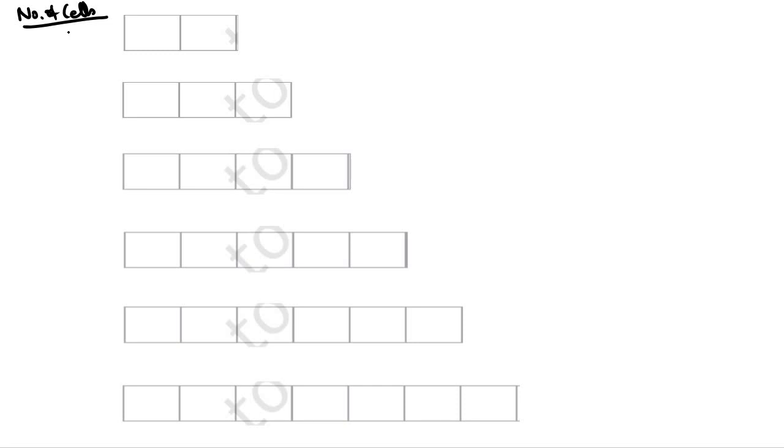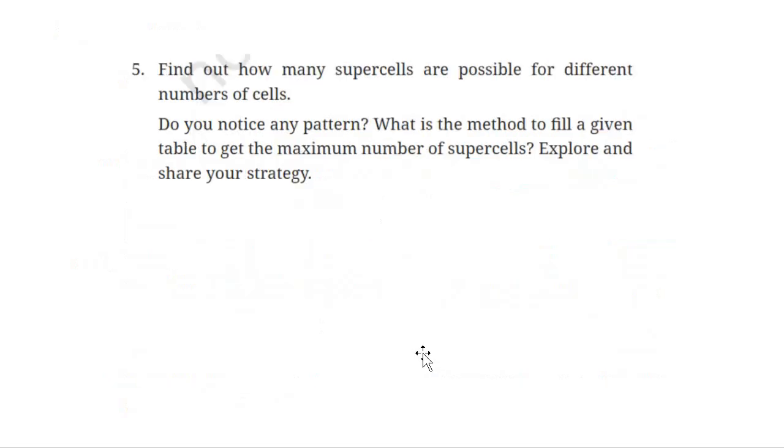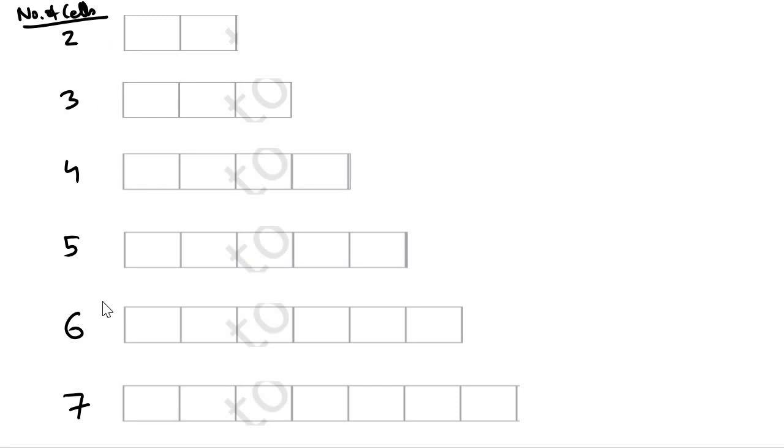There is no point in starting from 1, so we start from 2, 3, 4, 5, then 6 and then 7 for illustration. We have already seen the scenario for 9 cells, where there were 5 supercells. Now I am starting with this one.